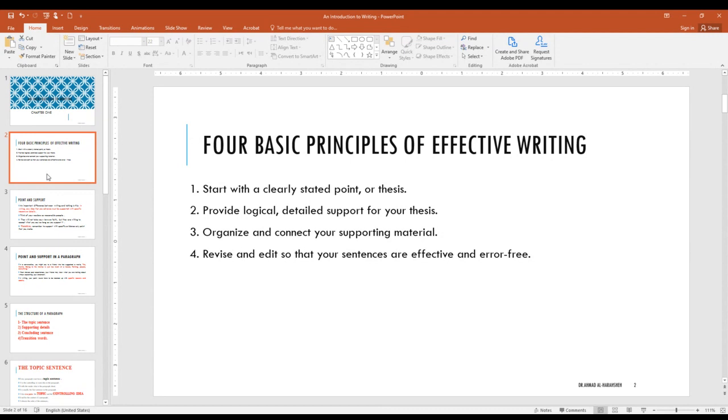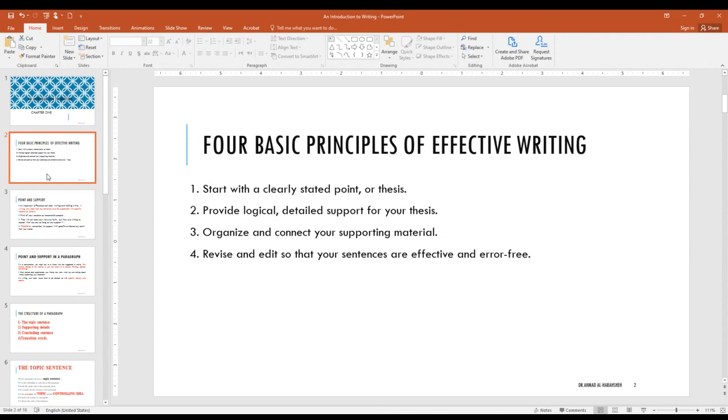If these details are not related to your topic sentence, your paragraph will lose a very important principle, which is unity. If you lose unity, this is not a paragraph. A paragraph should deal with one idea only.